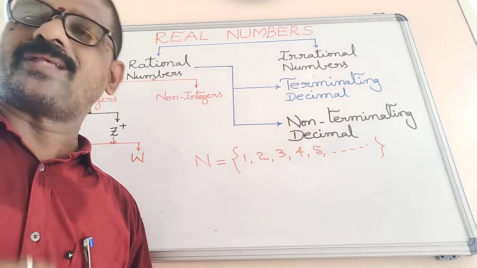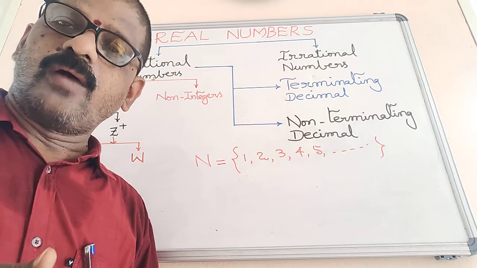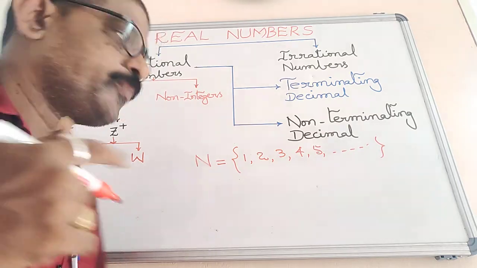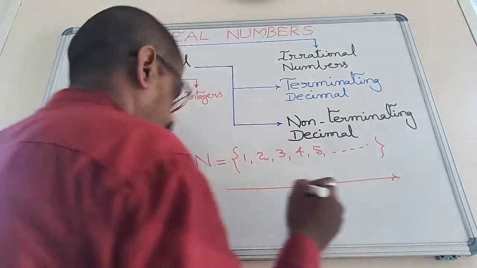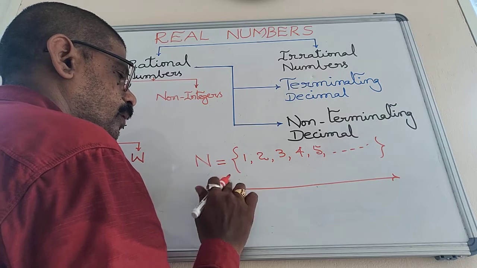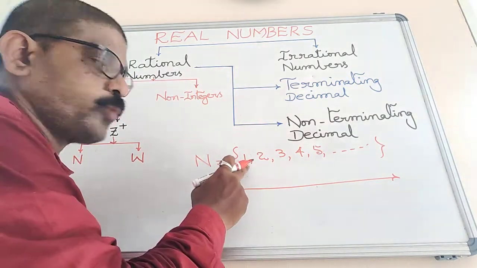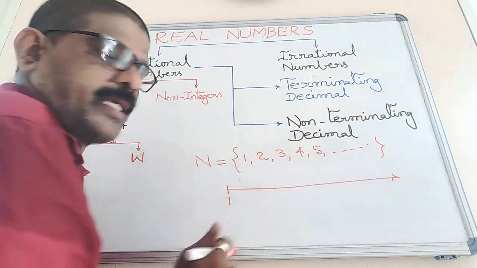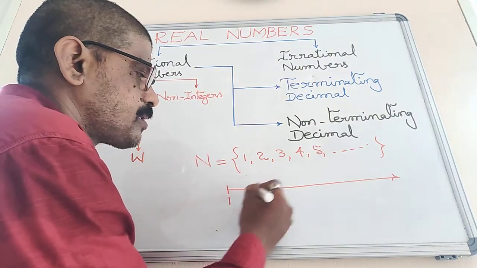Now, how to represent the set of natural numbers on a number line? We can take a number line, starting from 1, with equal parts.